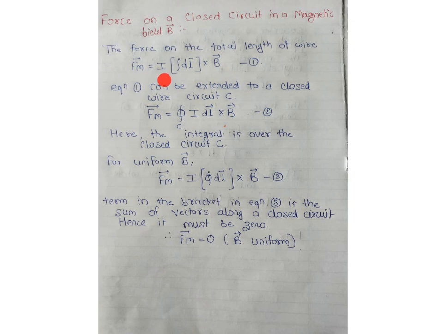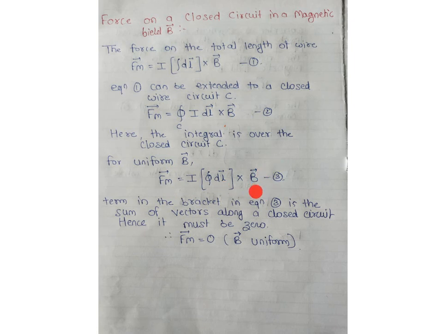Fm is equal to I integration of dl cross vector B. Equation 1 can be extended to a closed wire circuit C. So magnetic force Fm is equal to the closed integration of I dl cross B. Here the integral is over the closed circuit C. For uniform magnetic field B, Fm is equal to I, closed integration of dl, cross magnetic field B.